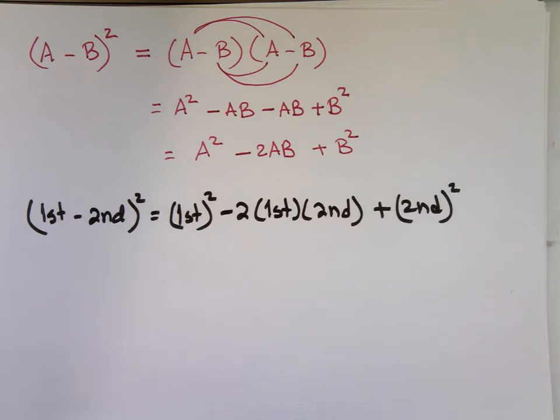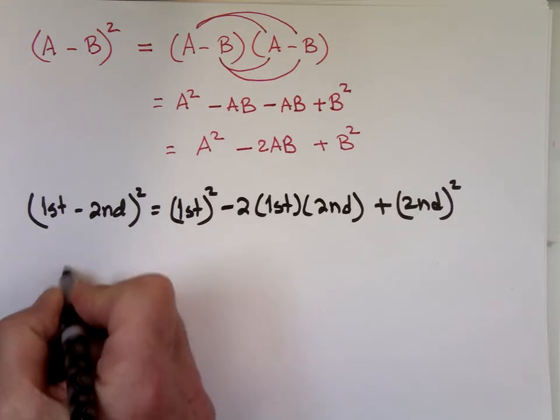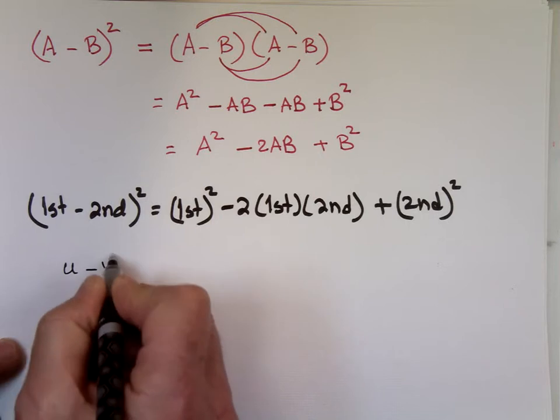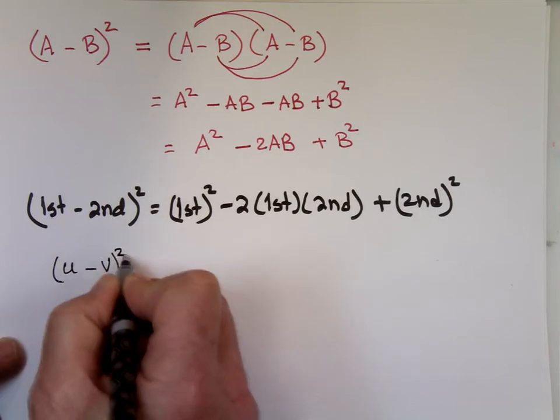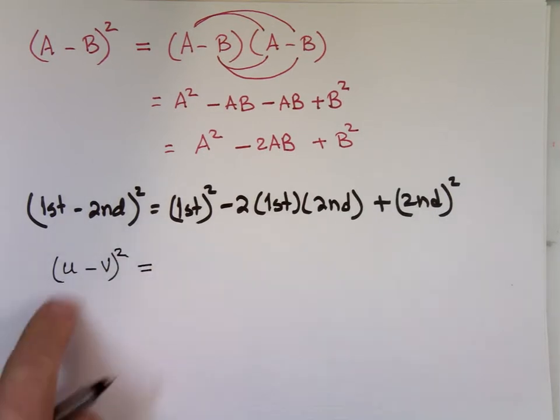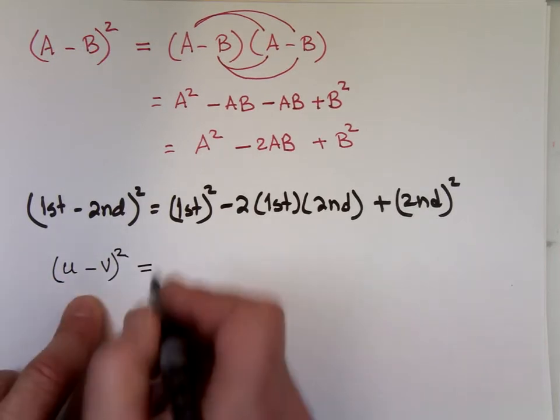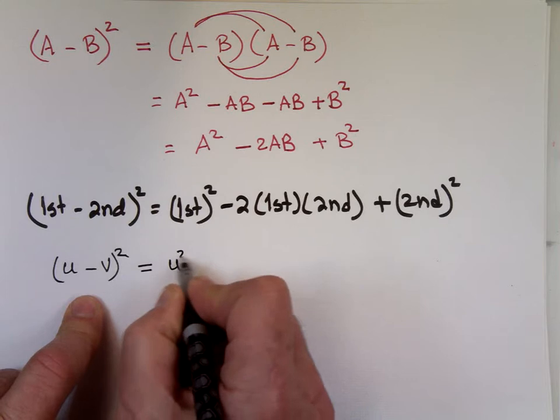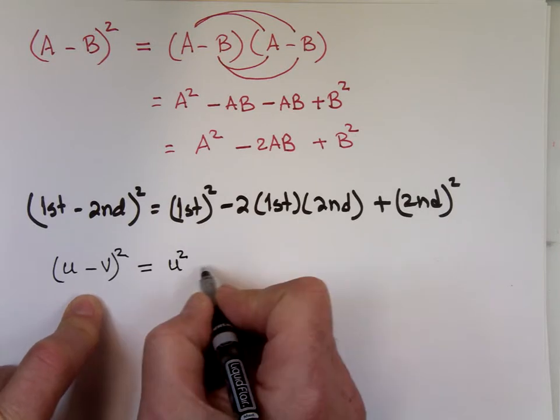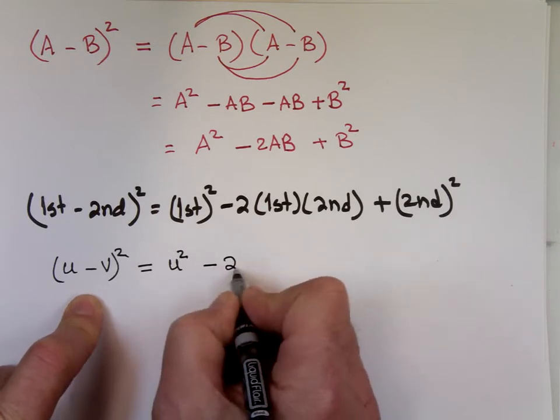Let's take some examples and go through them and see what we have. Let's begin with u minus v, and you want to square it. U is the first, v is the second. Square the first. Minus 2 times the first times the second.